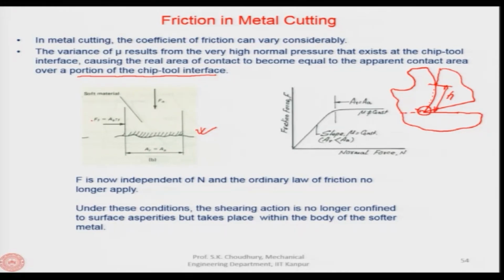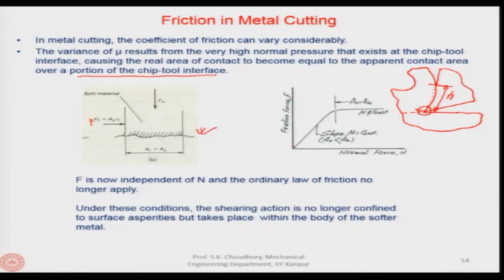So, the friction force F, written here as FF, is equal to AA into tau F, where tau F is the shear stress and AA is the apparent area of contact. Since here the real area of contact is equal to the apparent area of contact, F equals AA into tau F.